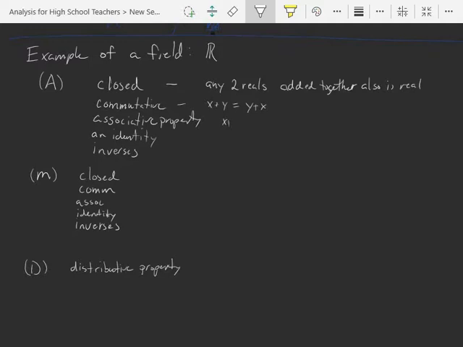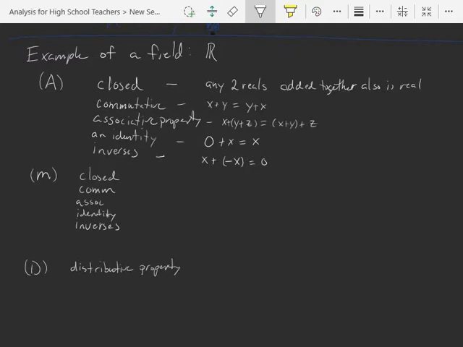Associative, x plus y plus z. If I do y plus z first, that's equal to if I would have done x and y first. The identity is 0. 0 plus a number equals the number. And inverses, x plus negative x equals 0.